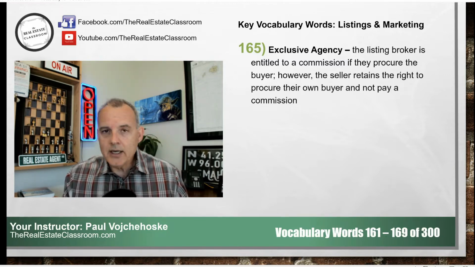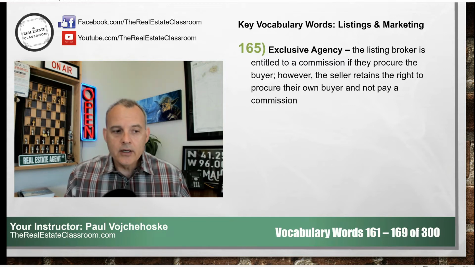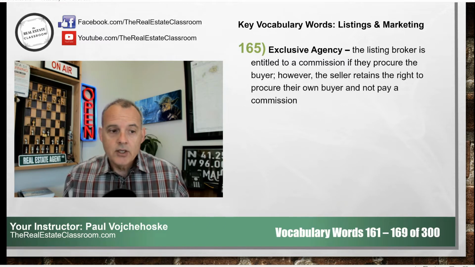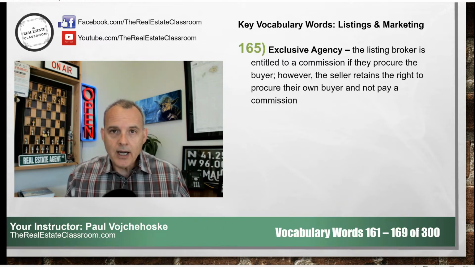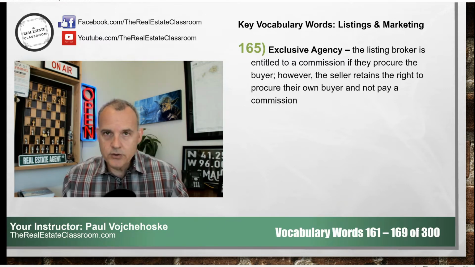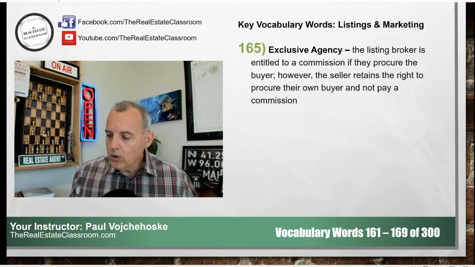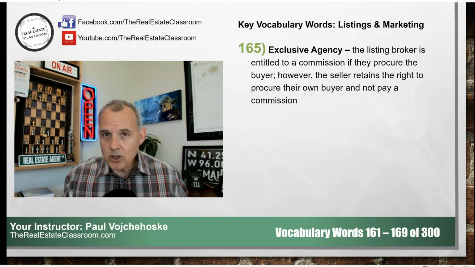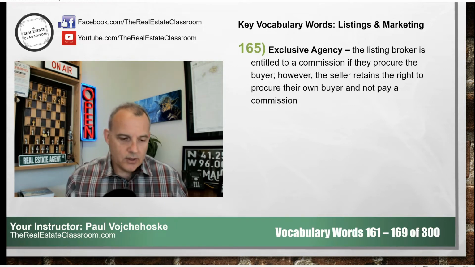So Sunday, that buyer comes through the open house, and then the seller writes up the offer. So who procured the buyer? Was it through the efforts of that social media ad that the broker put out, or was it because of the open house that the seller did? That is the problem with exclusive agencies.